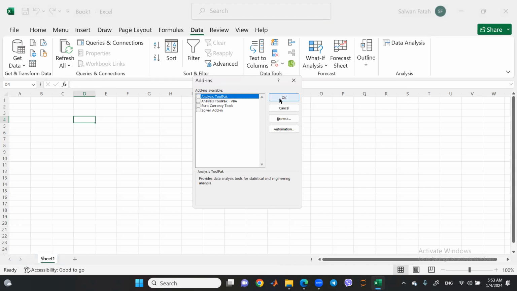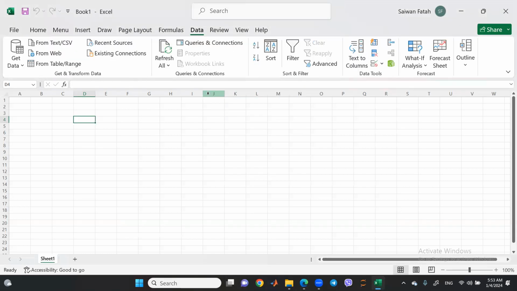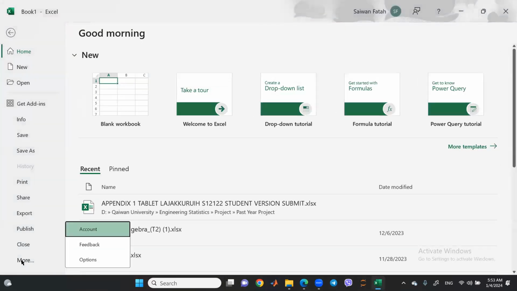Let me remove it here. Look, once I remove the tick, we have no Data Analysis here. If you don't have it, it's the same process as I did here.